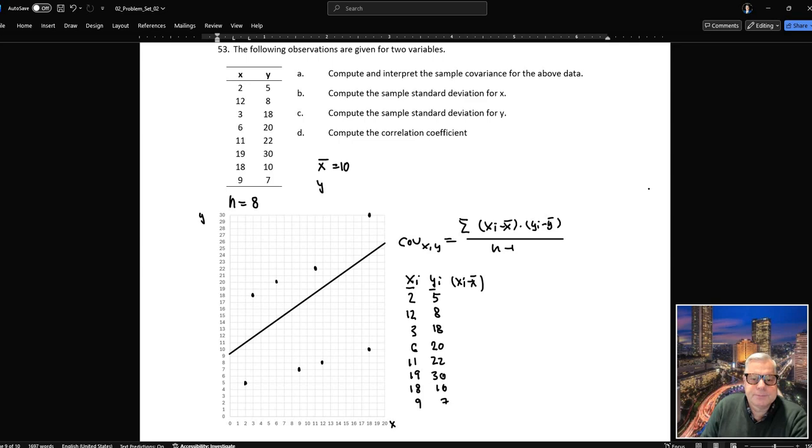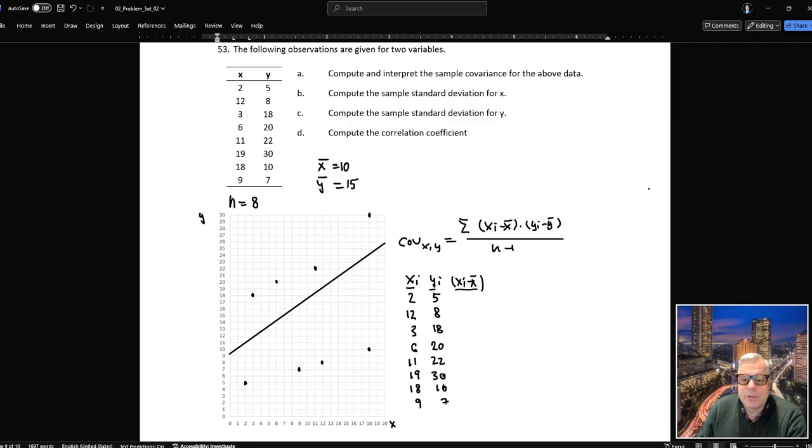Y bar: 5, 13, 21, 31, 51, 53, 73, 103, 120. 120 divided by 8 is 15.